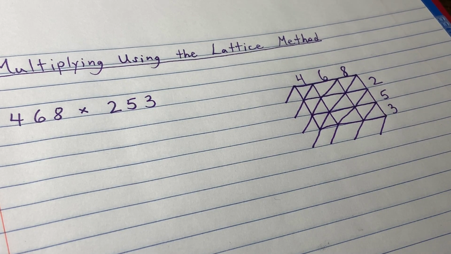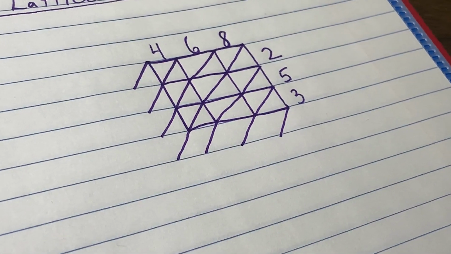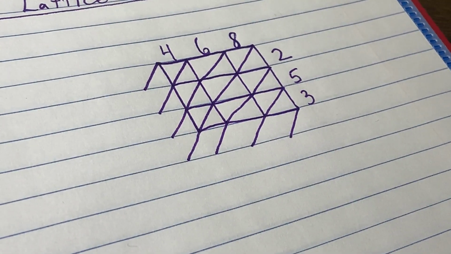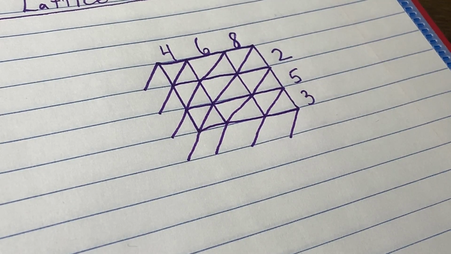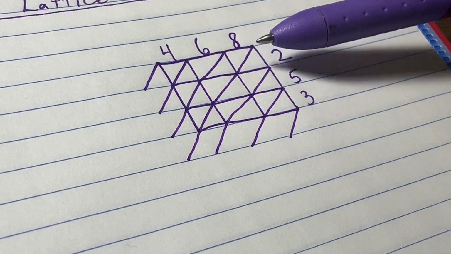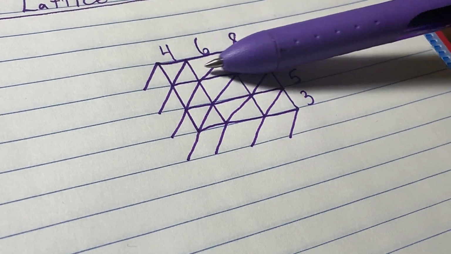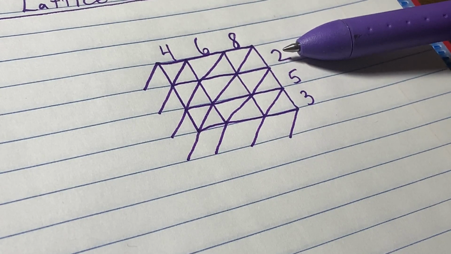Now, what do we do now? Let me zoom in on the grid. So this is the easy part, as long as you know your multiplication tables. So the way this works is this. What I'm going to do is I'm going to look at the 2 and understand that every box in this row corresponds to this 2, okay?